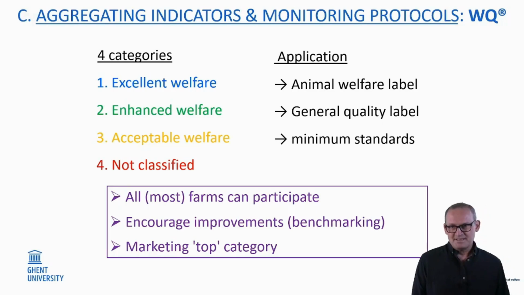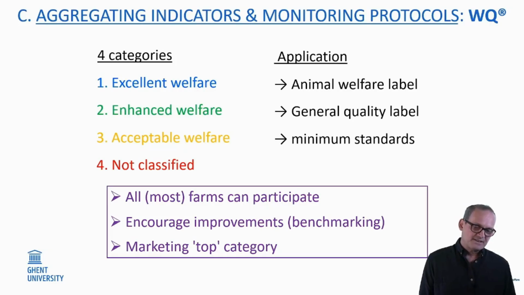So Welfare Quality categorized overall welfare into 4 categories. The highest level is excellent welfare, then enhanced welfare, acceptable welfare, and the lowest one is not classified.